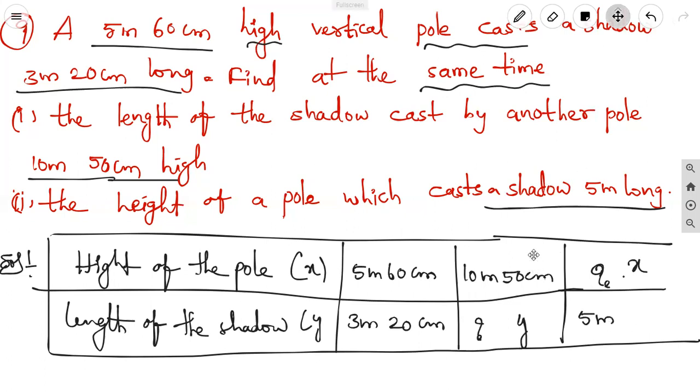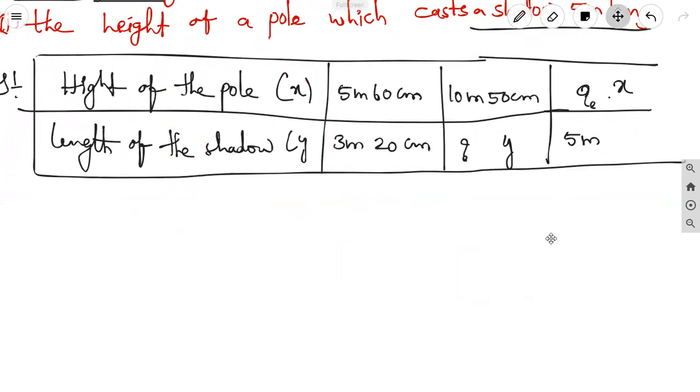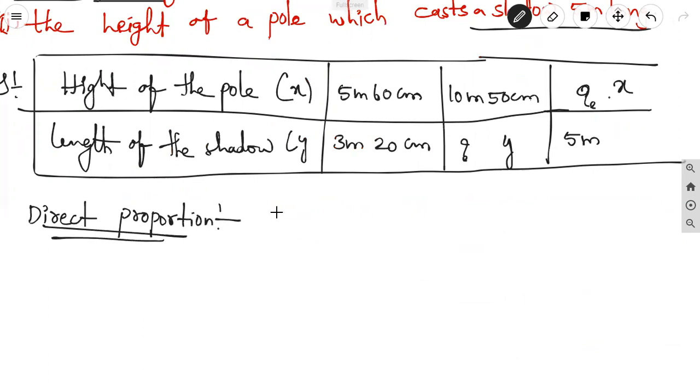At the same time, we measure the pole's shadow; those are directly proportional. The relation is direct proportion only. The direct proportion relation in two variables means x1 by y1 equal to x2 by y2.